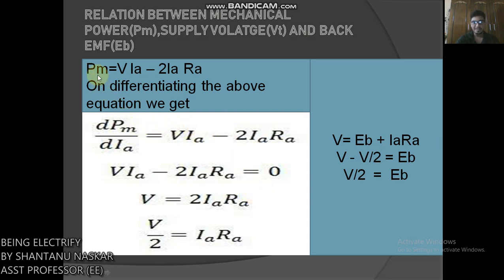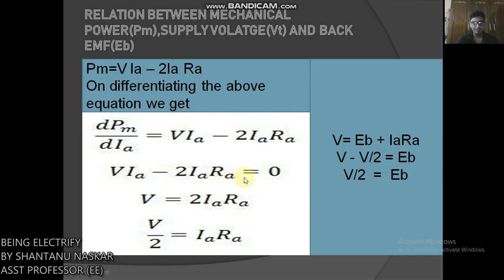Now the maximum power developed in the motor is expressed as Pm equals V IA minus IA squared RA. On differentiating the above equation, we get dPm by dIA equals V minus 2 IA RA equals 0.